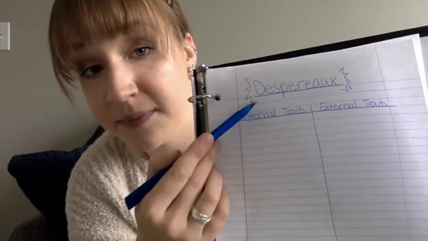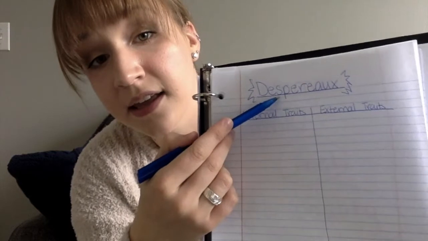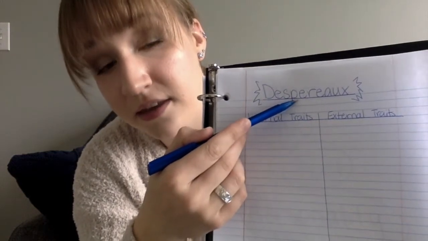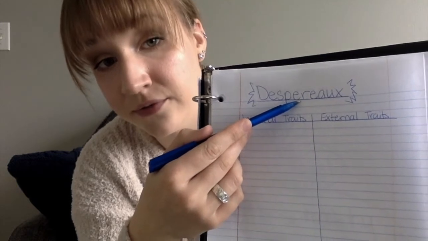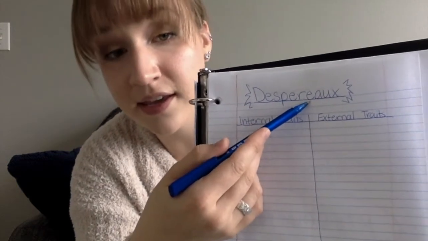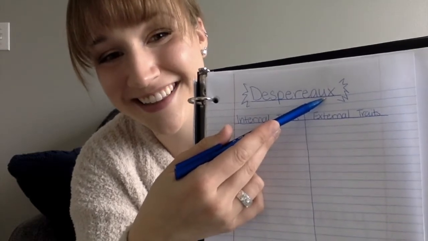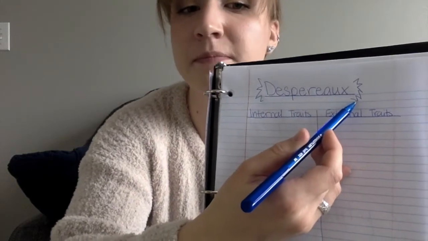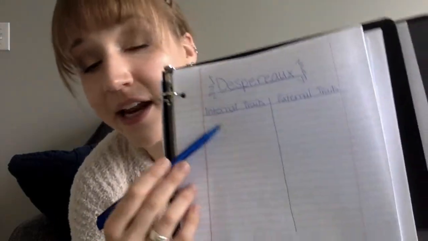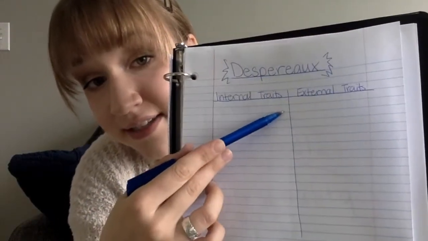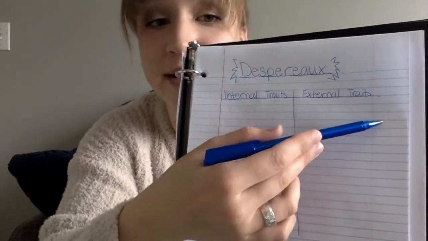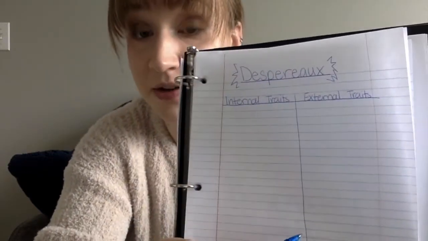So Despereaux is spelled Despereaux. And I just went ahead and I underlined Despereaux's name. And then on this side, I wrote internal traits. And on this side, I wrote external traits, and I drew a line down the middle to separate them.